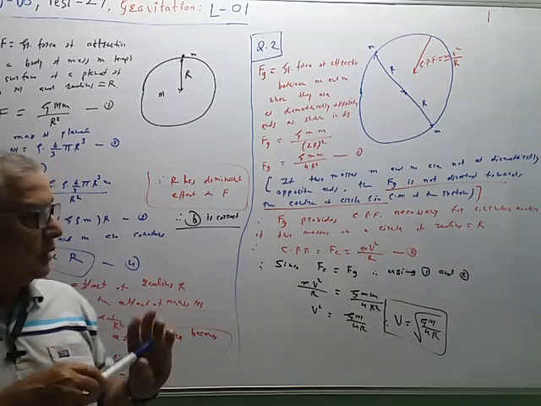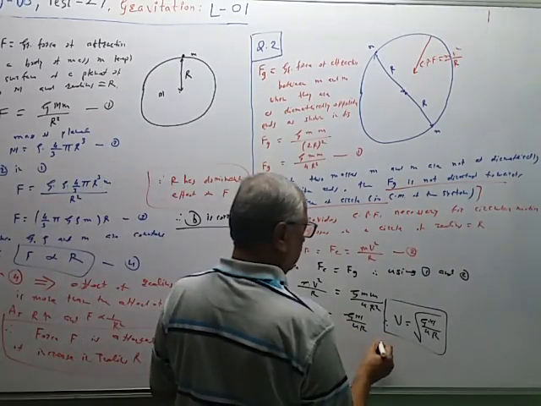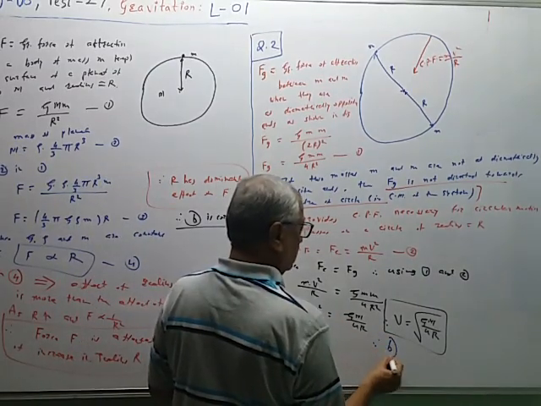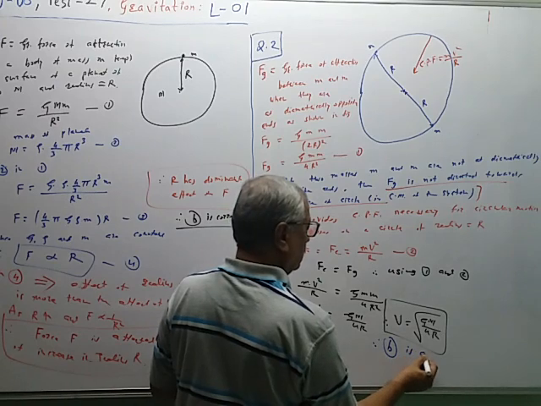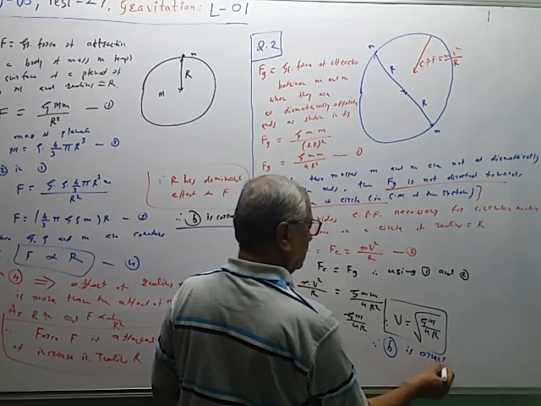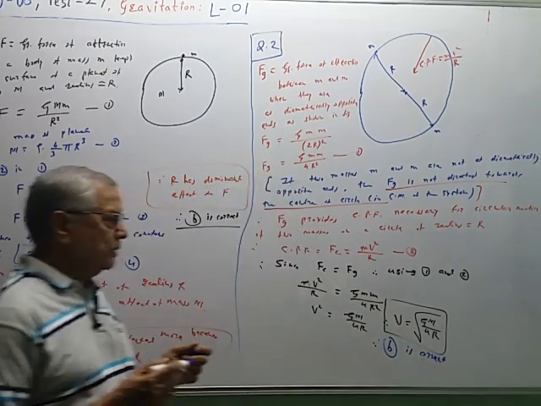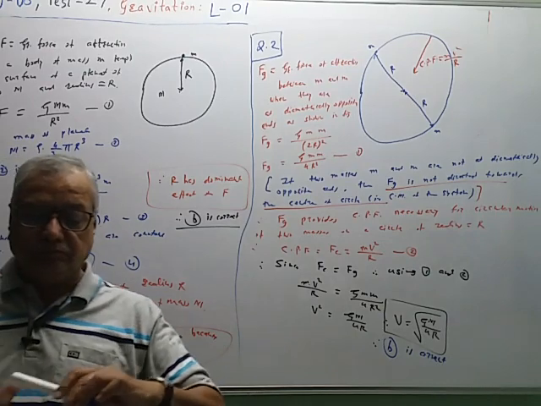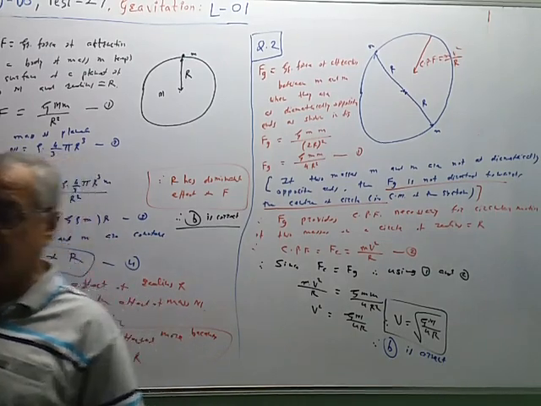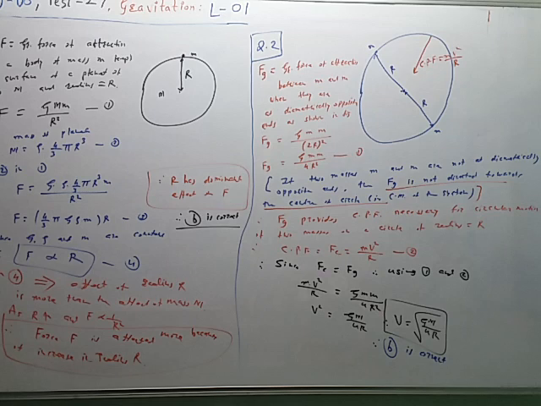And therefore, the correct choice is B. This centripetal force is necessary for circular motion of the two particles, like this.